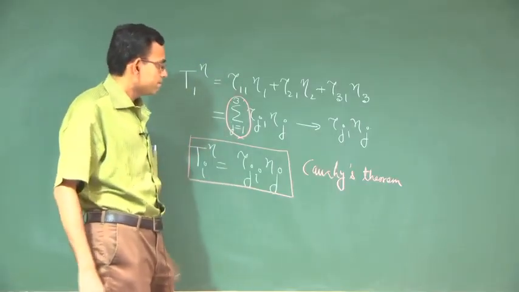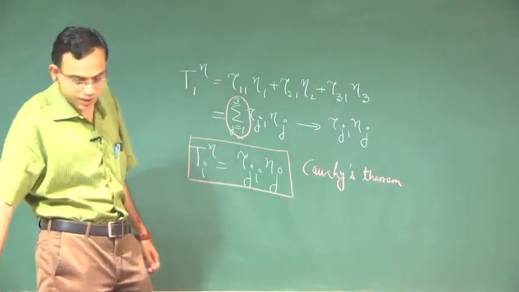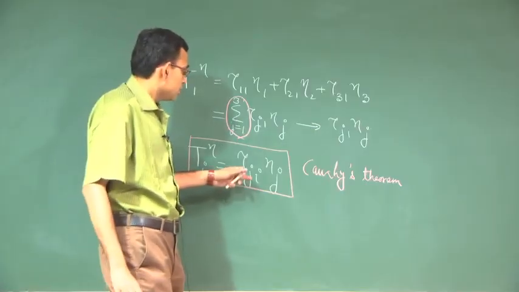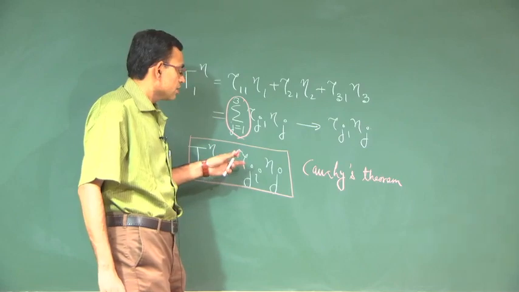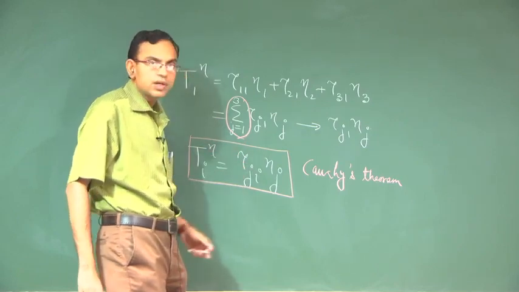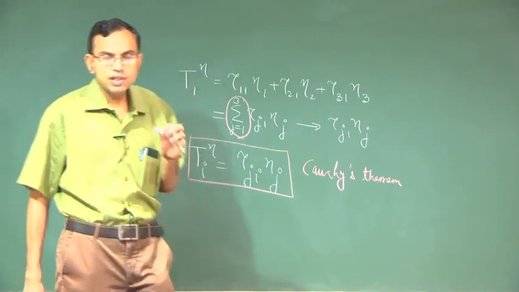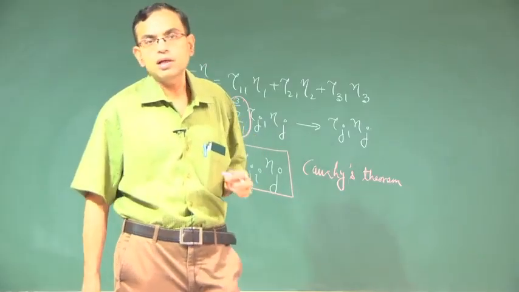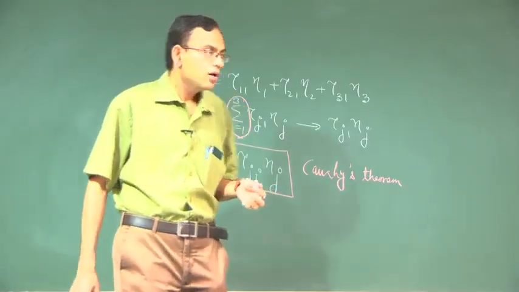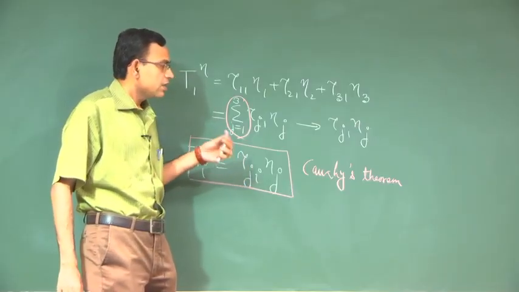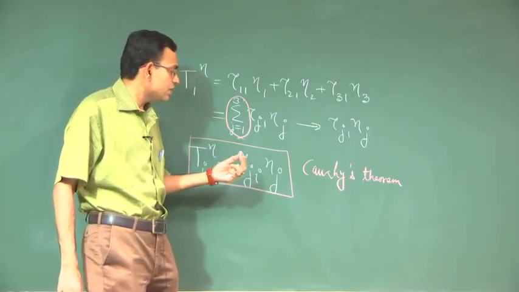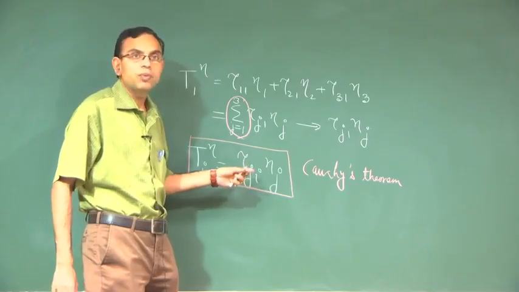So far we have discussed linear momentum as far as the conservation equations are concerned. We have of course discussed angular momentum in the context of Reynolds transport theorem, but we will see what happens if we give due consideration to angular momentum.